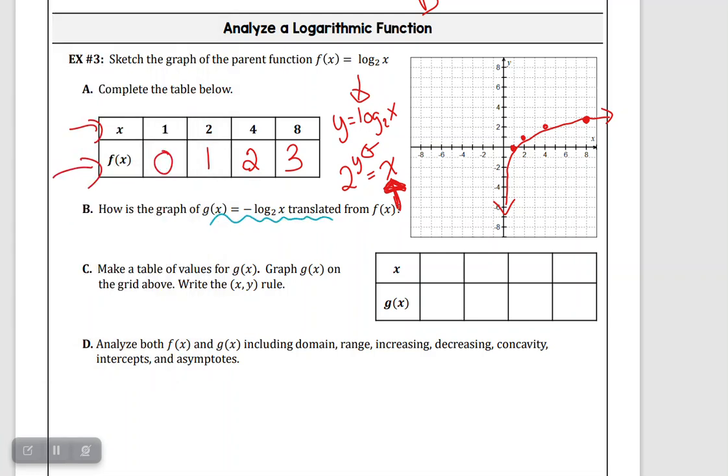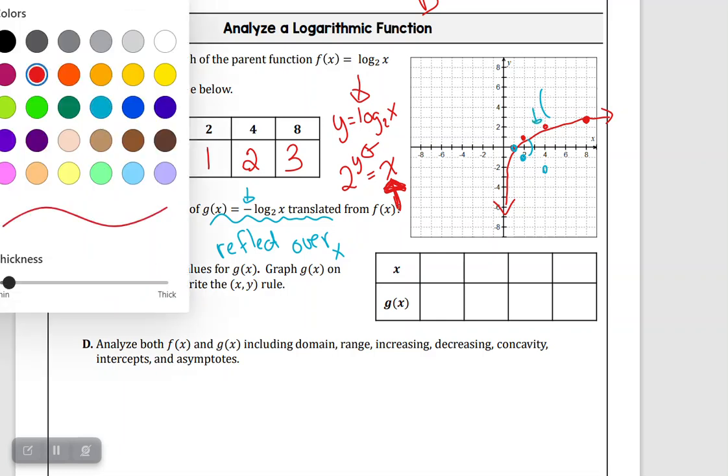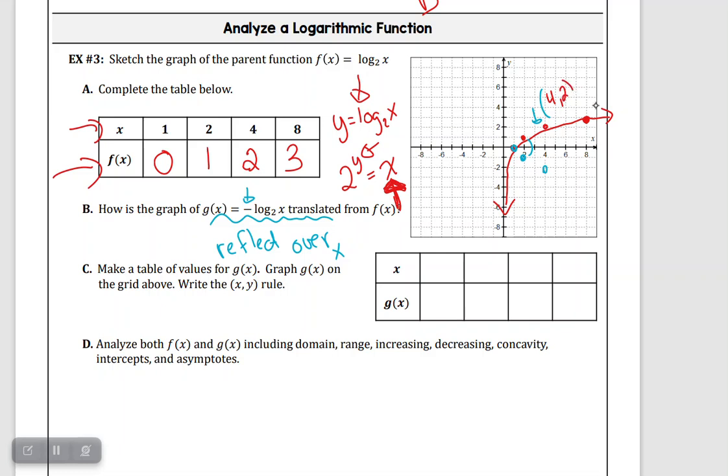What's the translation? Well, this affects the y values. So what happens is it's going to reflect over the x. If it reflects over the x, this one's going to stay the same. This one's going to swing down here. Again, it's changing the y values. So this coordinate point right here, let's do it in red, is 4, 2, and this one is 8, 3.